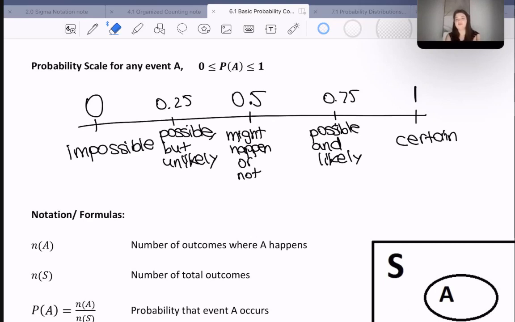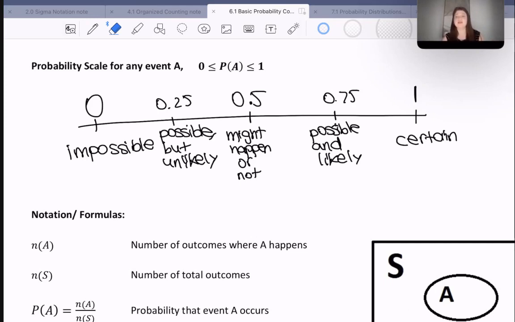We could have a probability really, really close to 1 that's 0.98, right? 98%. And that would be very, very close to certain, but still not completely certain because it's not quite at that 1. So that's the main thing to keep in mind, that we could have anything from impossible to certain, and it must be between 0 and 1.